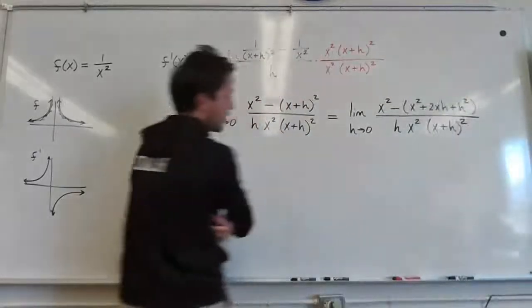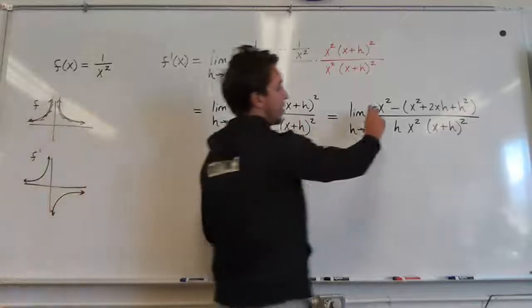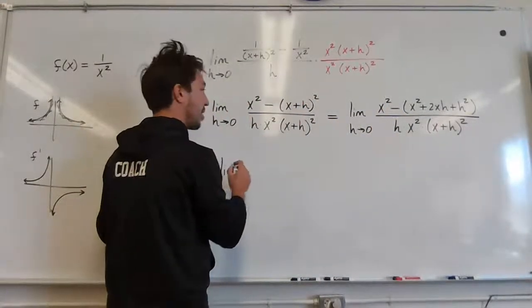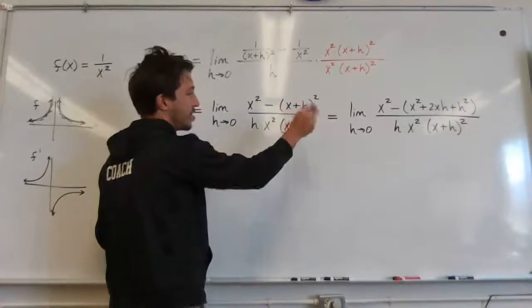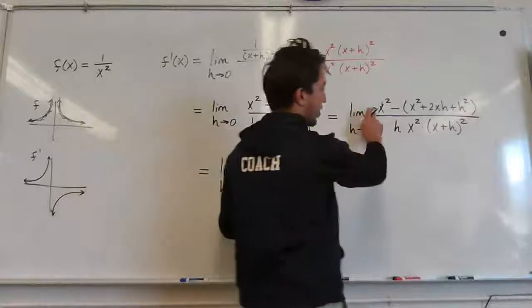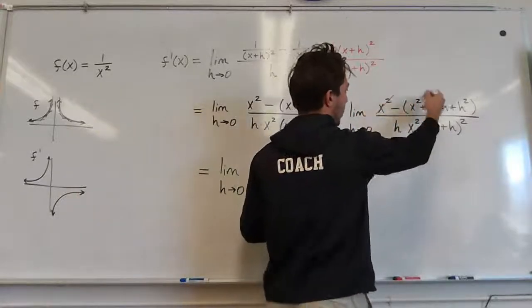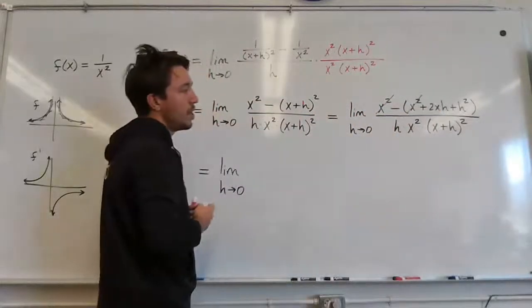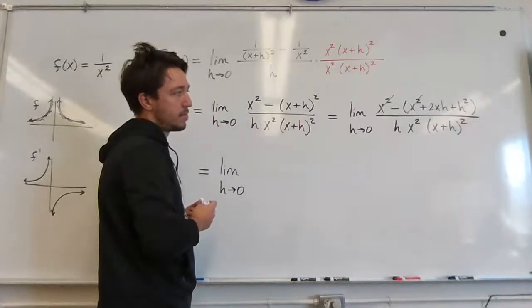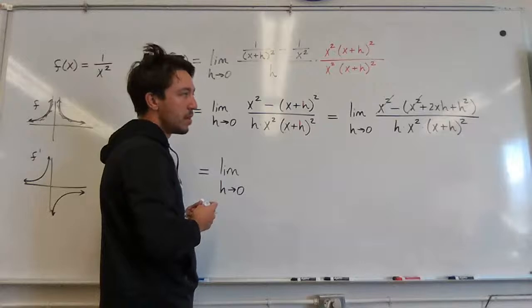Okay. So now when we do that, think about what's going to be left over on top. And in fact, let's do two steps at once. The x squared is going to cancel the x squared. We can see that. It's pretty clear. And then let's factor out an h.